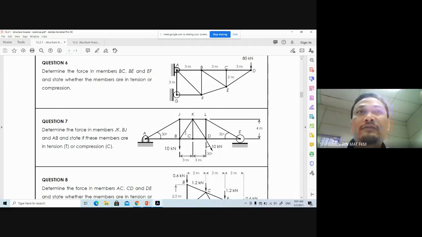Can you try to do that, while waiting for me to draw that one? Okay, question 7. So when I did question 7 in university, I am assuming the question.